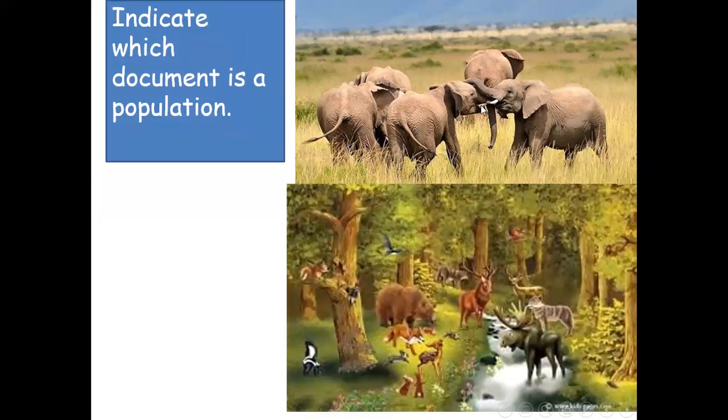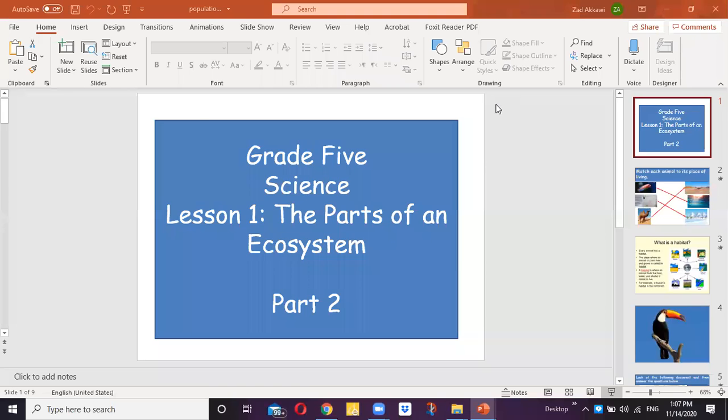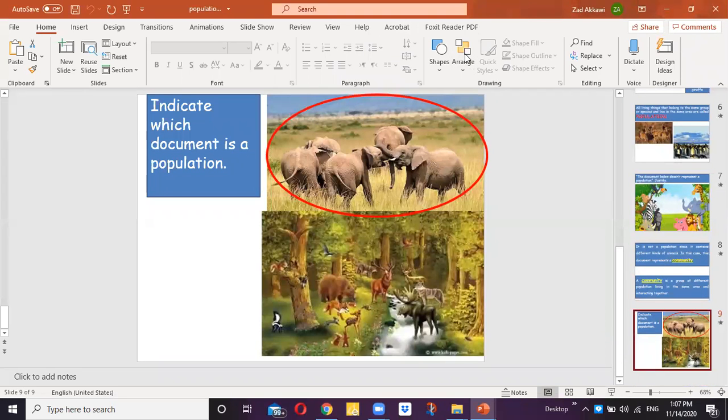For sure, the first one, because it shows a group of the same kind of organism or same kind of living things that are found in the same area. Here I have a population of elephants. Okay, this was the difference between a community and a population.